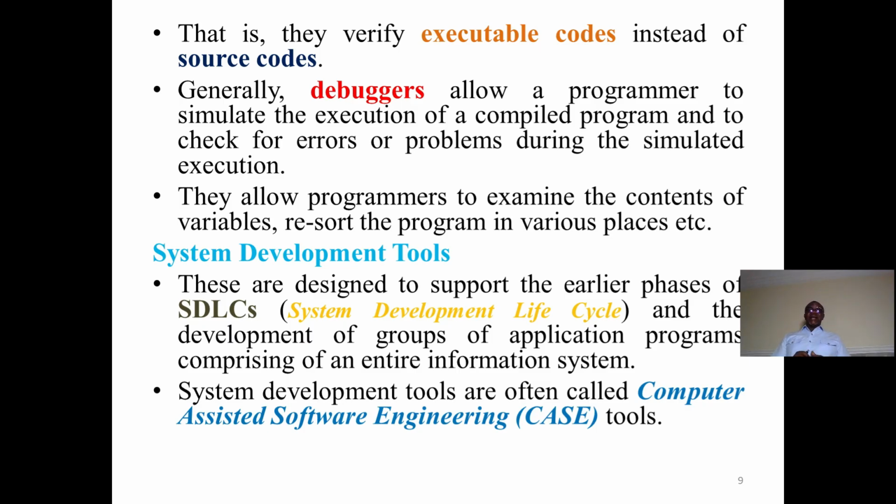Generally, debuggers allow a programmer to simulate the execution of a compiled program and to check for errors or problems during the simulated execution. They allow programmers to examine the contents of variables, restart the program at various places, etc.